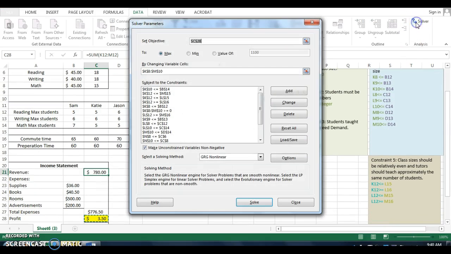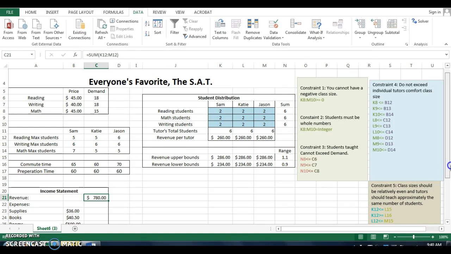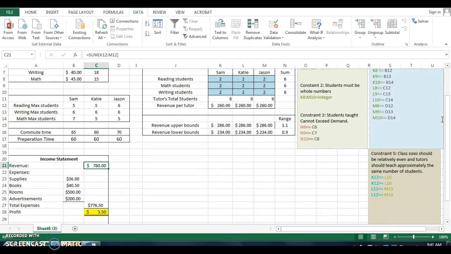I could have explained the constraints from this solver window right here, but as you can see, it's just not organized very well. So instead, I organize them by the goal, which constraint they're actually addressing. And it's easier because it's color-coded too, so it looks nice. Lastly, the revenue upper bounds and lower bounds we'll get to later.